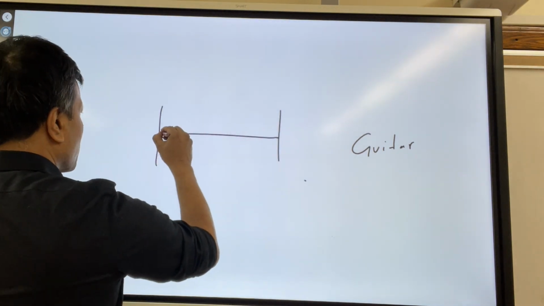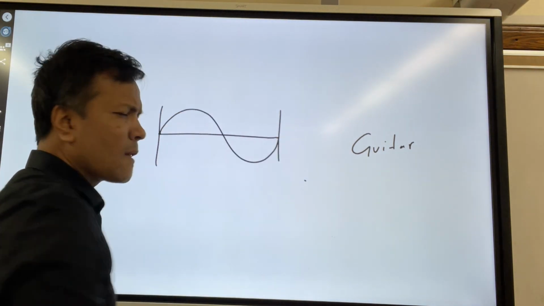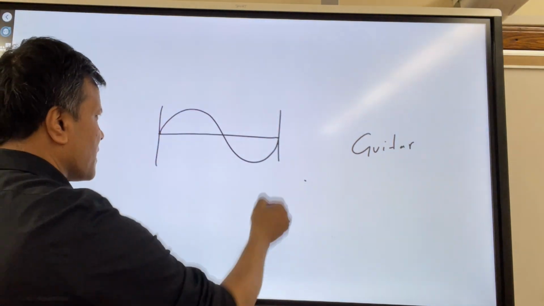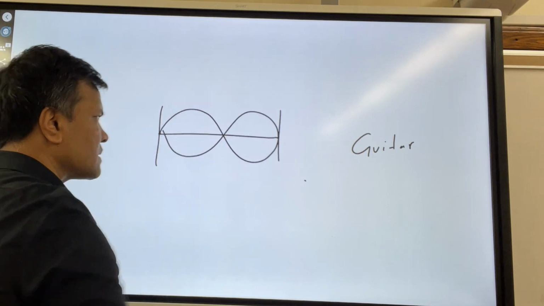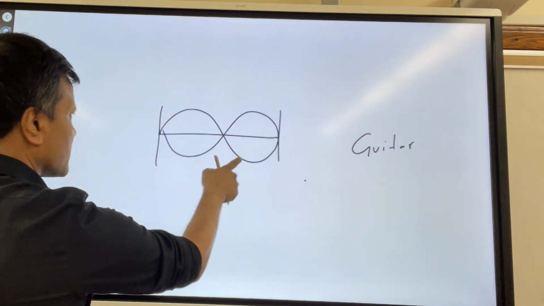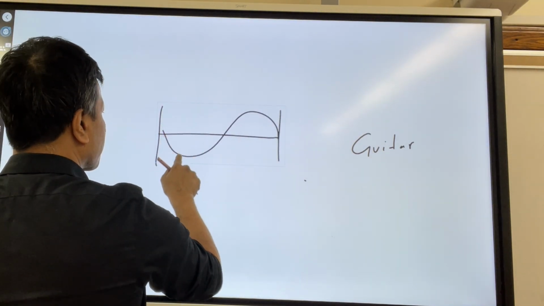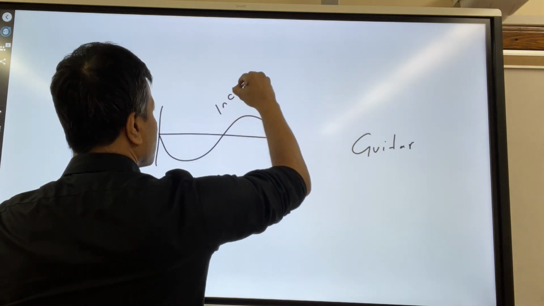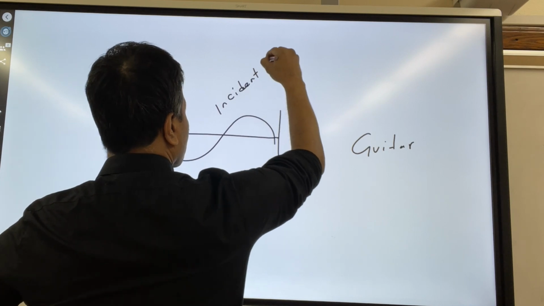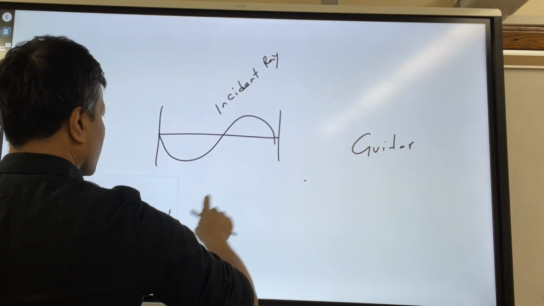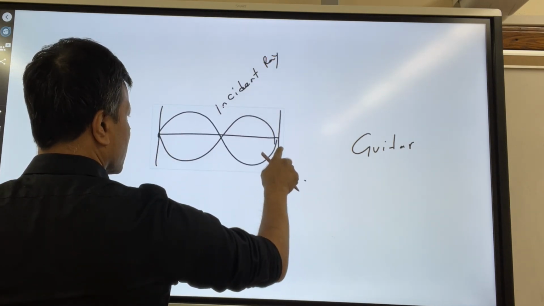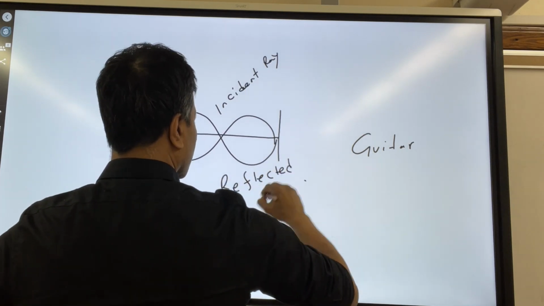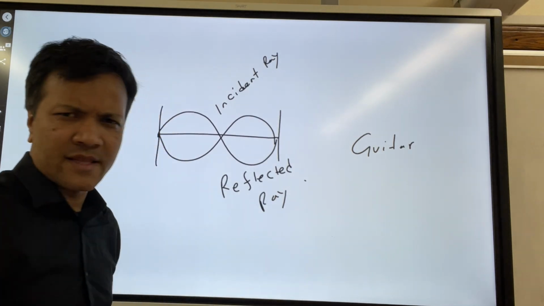If you do create a wave, what happens? As soon as the wave goes to the endpoint, it bounces back, right? So this one you call the incident ray, and this one you call the reflected ray, right? And how do you create that?